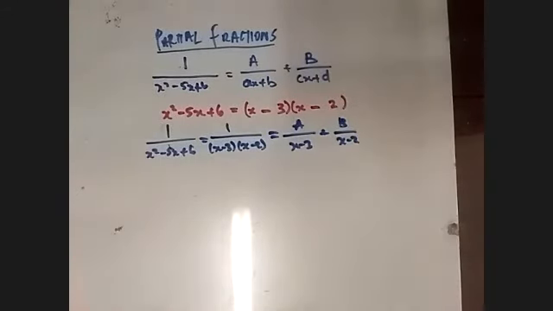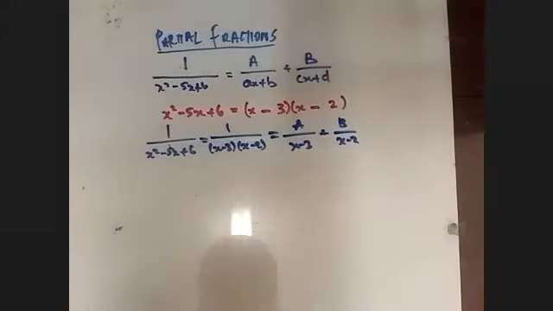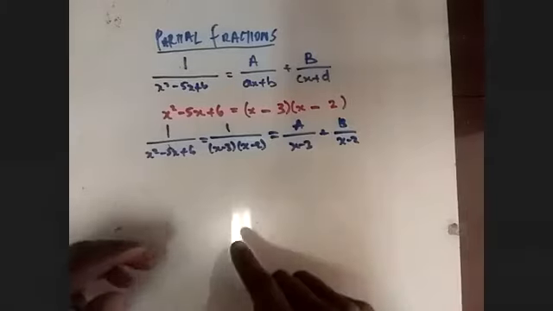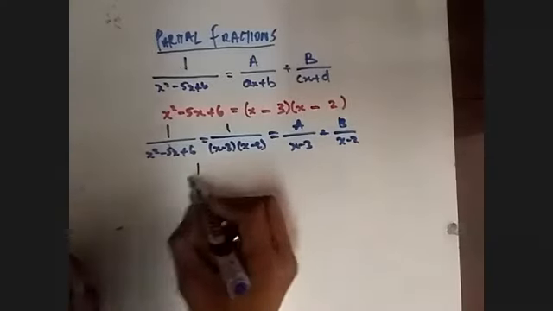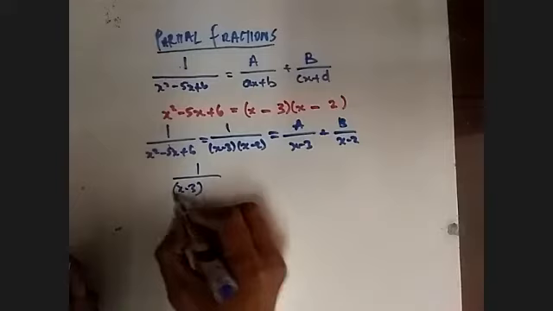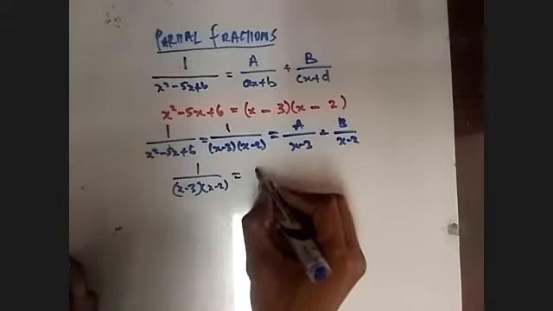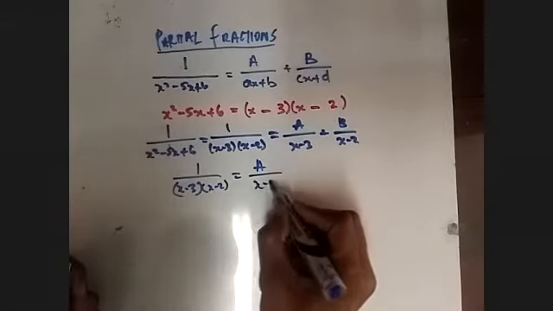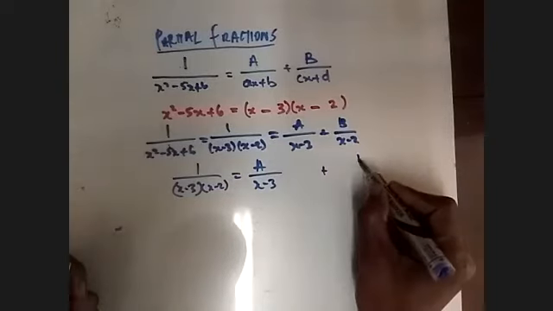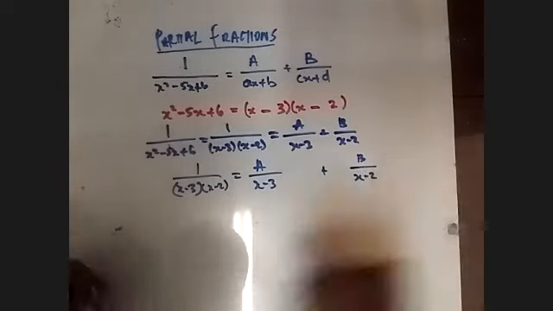Okay, so what we are going to do is, now we are going into partial fractions. Now I'm enjoying this, okay? 1 all over x minus 3, x minus 2 is equal to a all over x minus 3 plus b all over x minus 2.